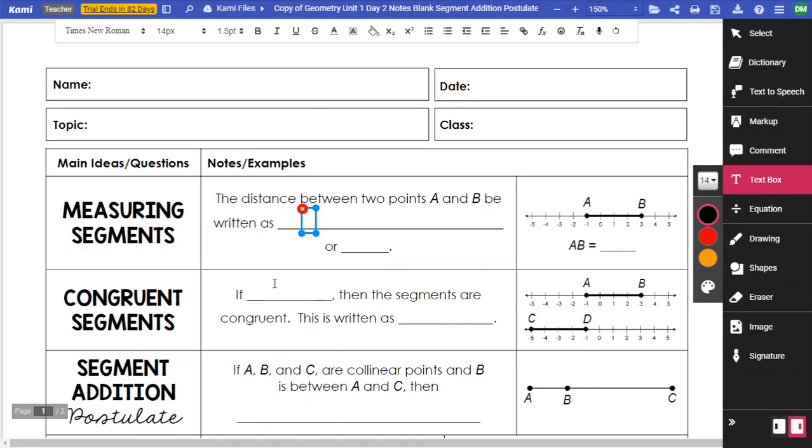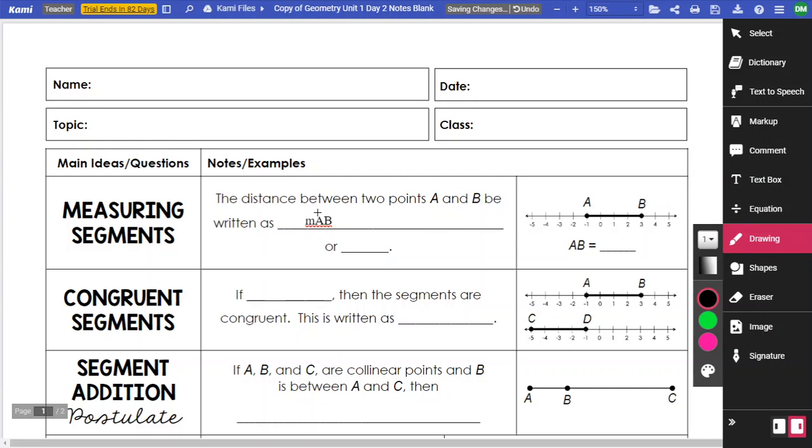If we've got the distance between A and B, we can write this as lowercase m and then AB, and we want to make sure we write a segment line above that. The difference between the line symbol and the segment symbol is that the segment symbol doesn't have the arrows. It's showing that AB is a discrete distance. There is a stopping point on each end.